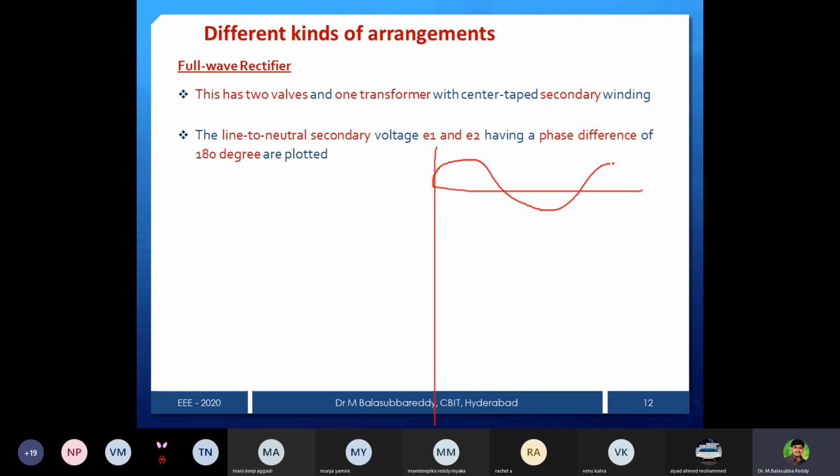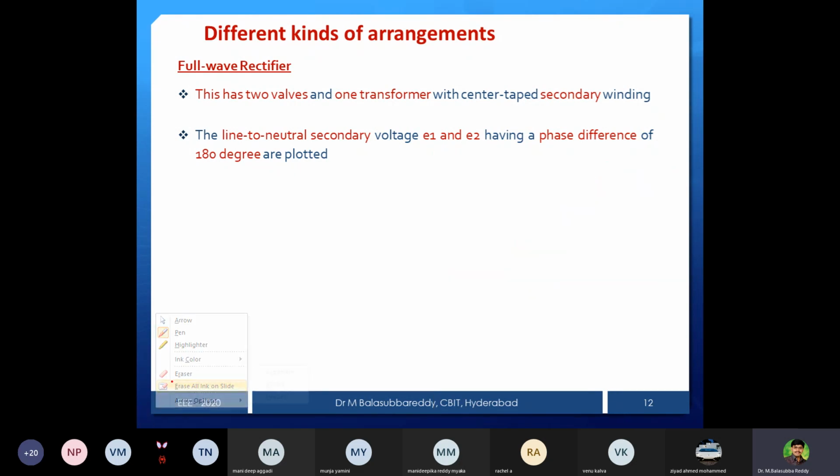Let this be a positive half cycle and then a negative half cycle. For the positive half cycle, somewhere alpha will start and it will conduct up to 180 degrees, and for the negative half cycle, again you will get another full cycle, the same as the source. This is 180 degrees, this is also 180. There is a phase shift of 180 degrees in this regard.